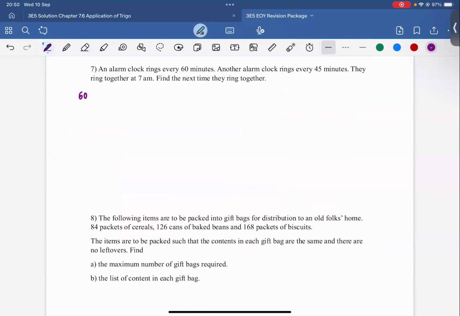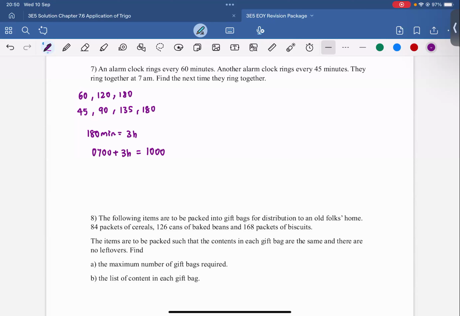Just list. 60, 45, list. 120, 180, list. 90, 135, 180. Then you see 180 is the answer. So the answer is 180 minutes, which is equal to 3 hours. So when would they ring again? 7 a.m. plus 3 hours is 10 a.m.